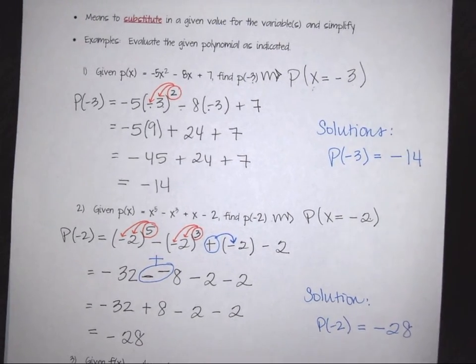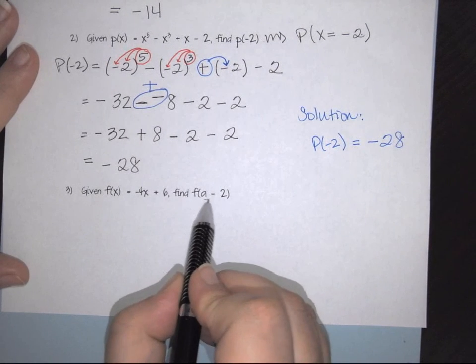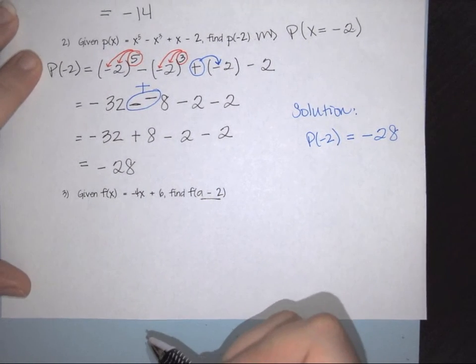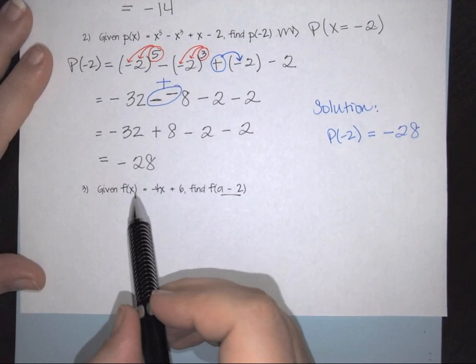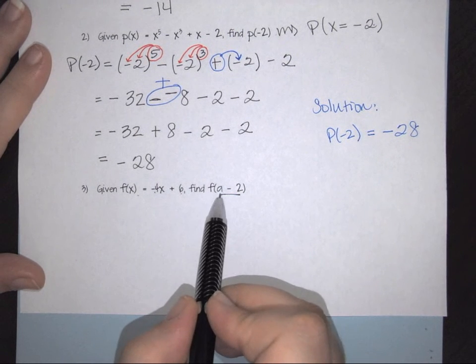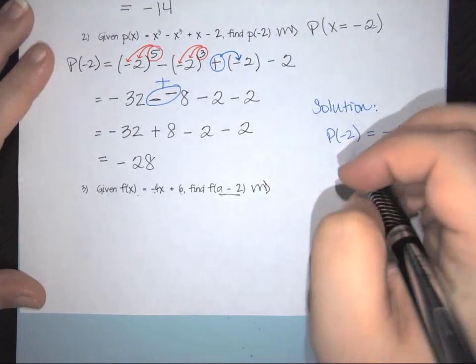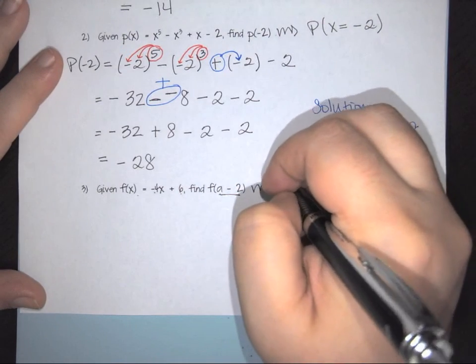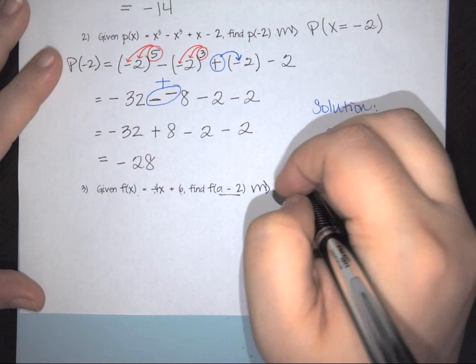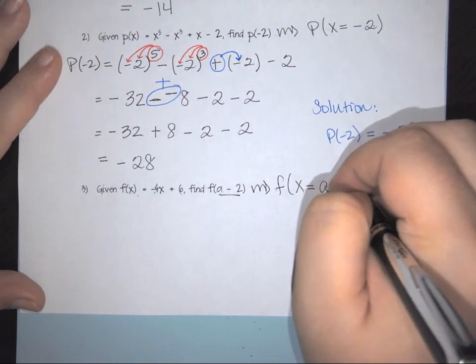However, what happens if we are asked to substitute something that is not a number? In other words, given f of x, where I have negative 4x plus 6, I want to find f of a minus 2. So this essentially again means that I want to find my function where x is equal to a minus 2.